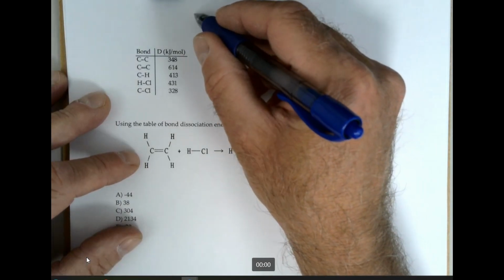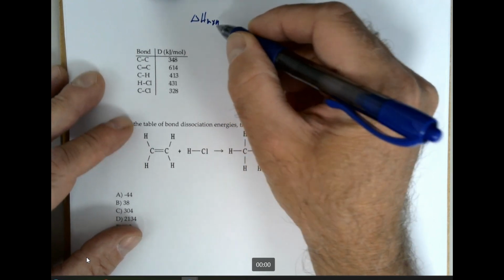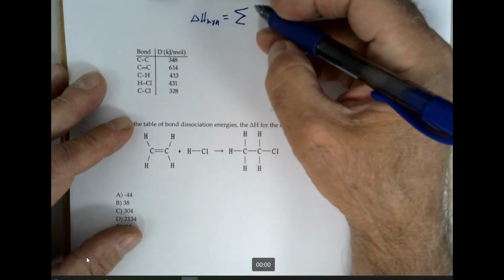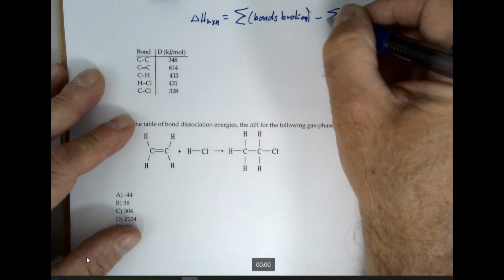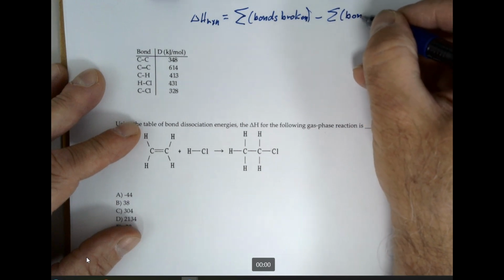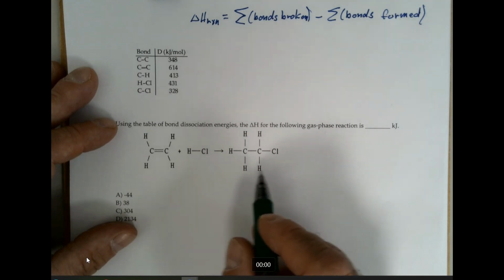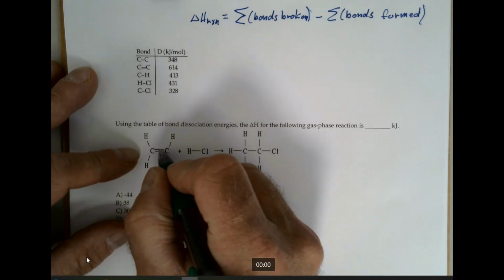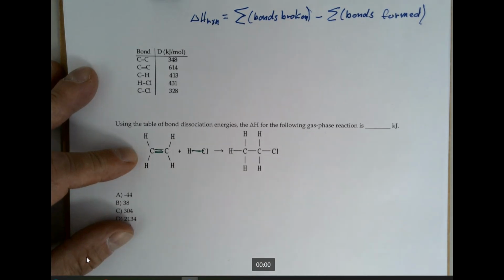So we learned this relationship that the change in enthalpy for a reaction is equal to summing up the bonds broken, and then subtracting the summation of all the bonds formed. Now when I look through here, I see what's going on over here, and it looks like I'm going to break a double bond, and I'm going to break this single bond.